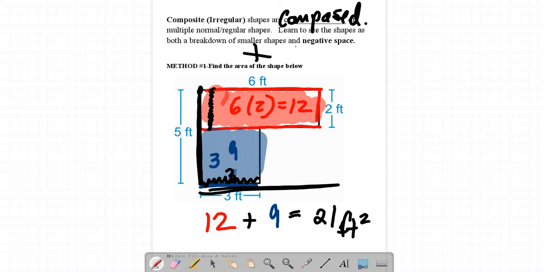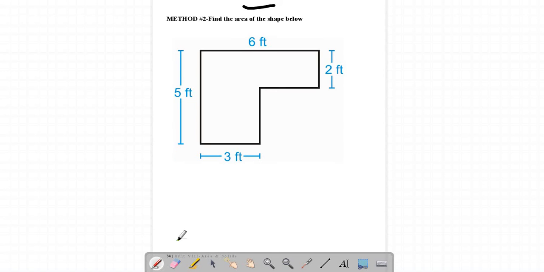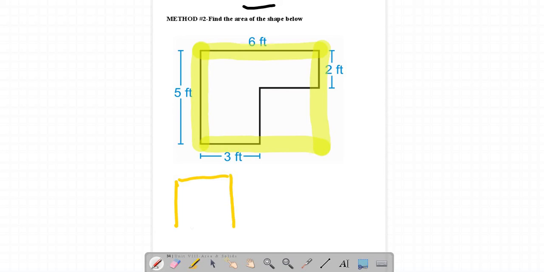All right. That's called positive composite. There's a second way I want you to be able to look at this. It's called a negative composite. Another way you can look at this is you can see, I'd like you to physically trace this larger rectangle. Everyone do this right now. Okay, let's pull out that larger rectangle.